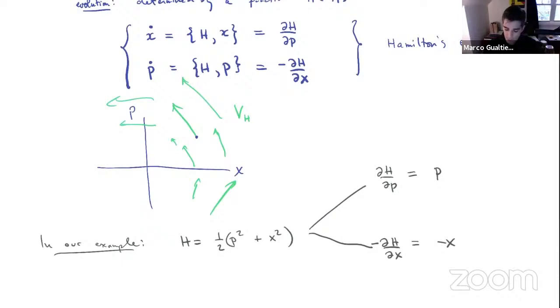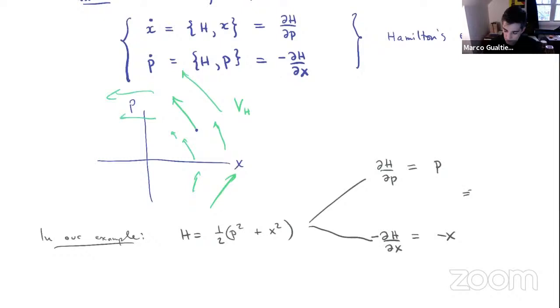Okay, and so we end up with x dot is equal to p, and p dot is equal to minus x, and that gives us exactly the circular motion of the harmonic oscillator.